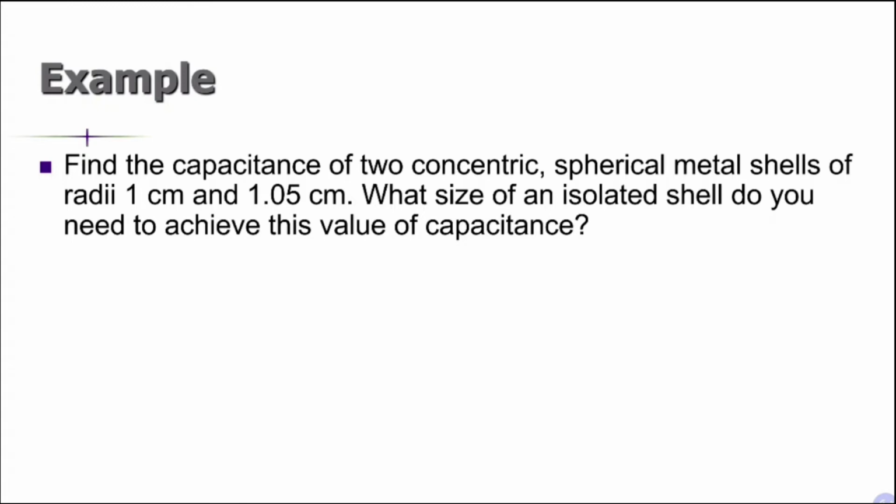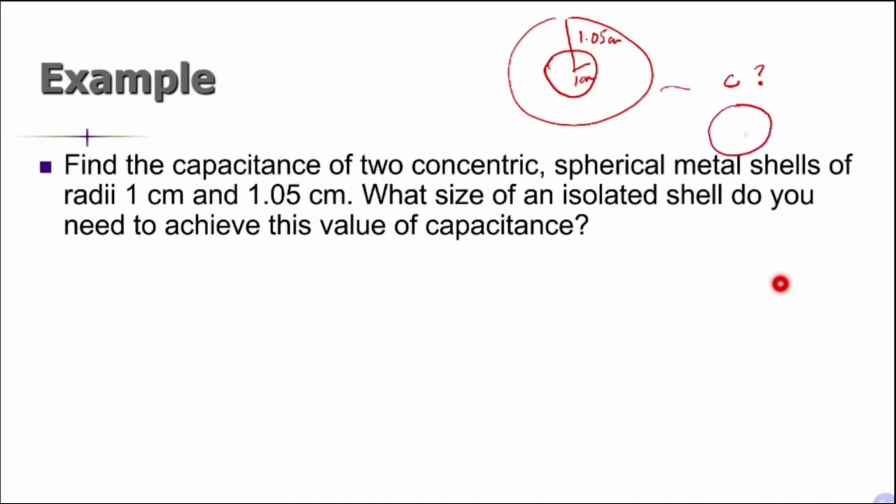One is to work out the capacitance of two concentric shells, 1 centimeter and 1.05 centimeters. And then the second one is to work out what you need if you just have a single shell to get the same capacitance.